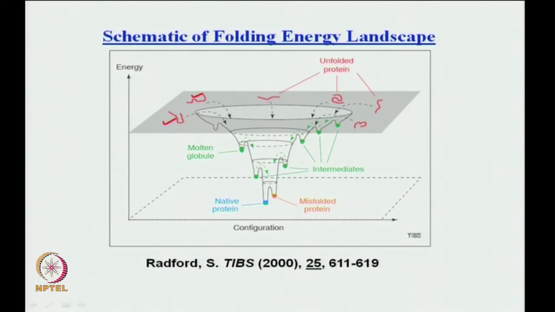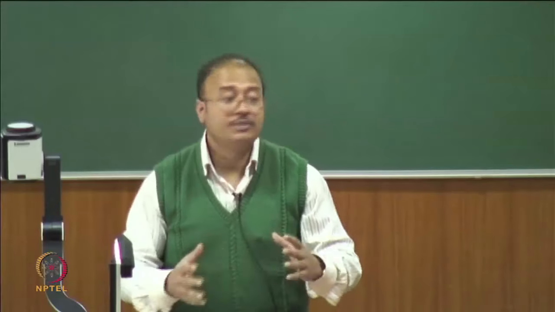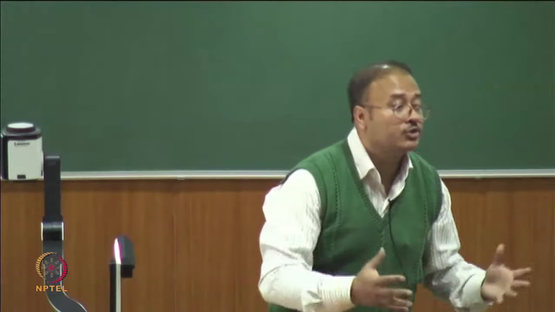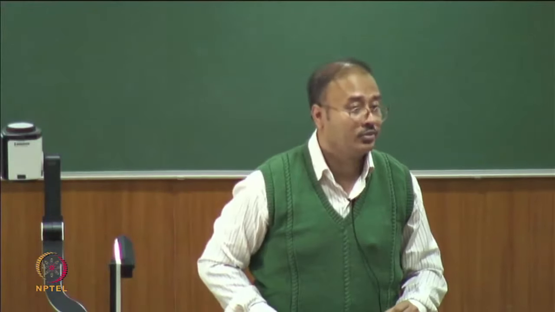Second, it is not a smooth one, right. So, this one can come in and get trapped here, and here, and here. Remember we talked about kinetic folding, these would have local minima. So, these would be certain intermediates which would accumulate during a folding pathway.